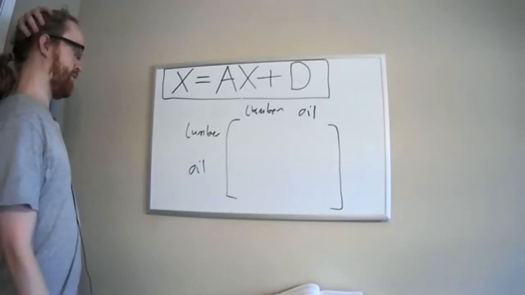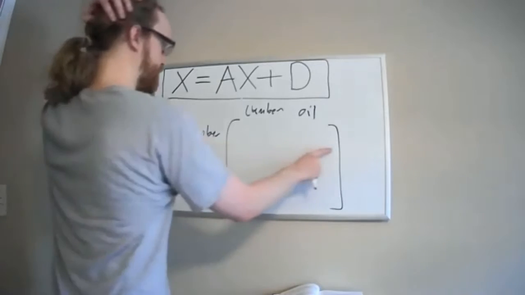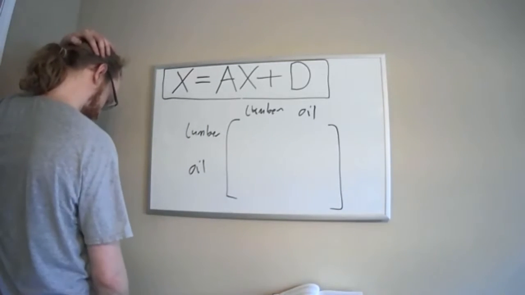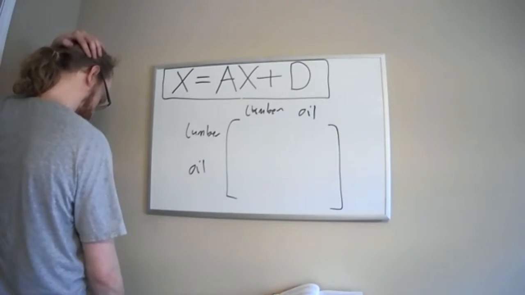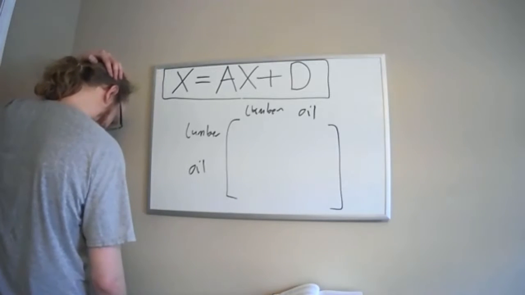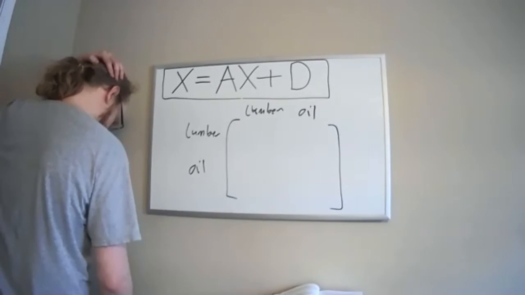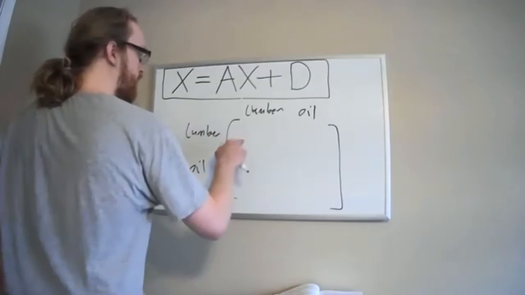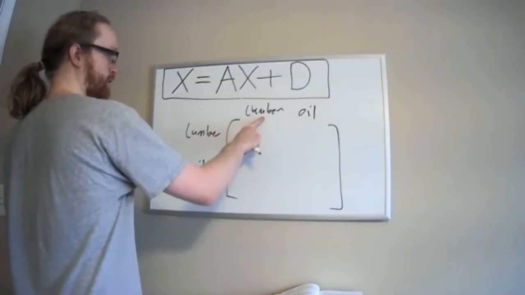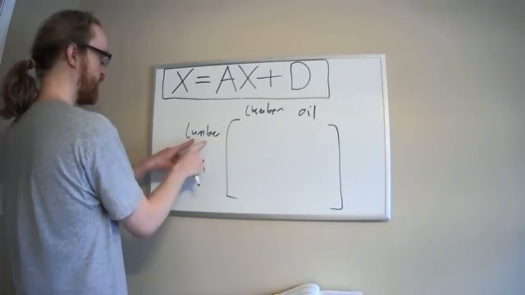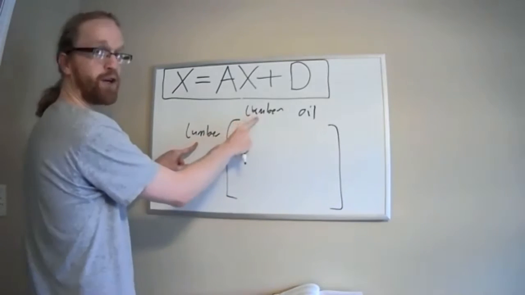And the idea is when I'm in the row, I'm asking, let me double check I'm saying this in the right order. It's one thing you can never be too careful about. If I want to produce 1 unit of lumber, then how much lumber do I need is what we're going to ask. So when I'm in the row, I'm asking how much lumber does it take to produce the thing in the column.